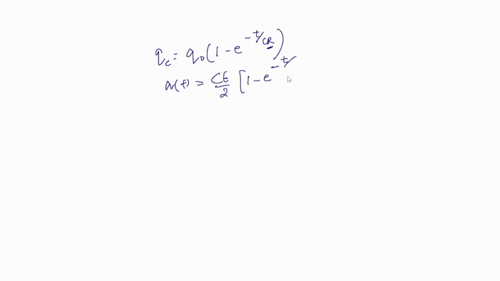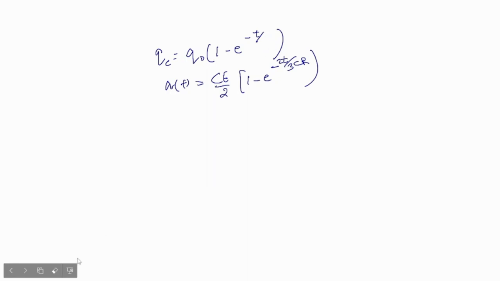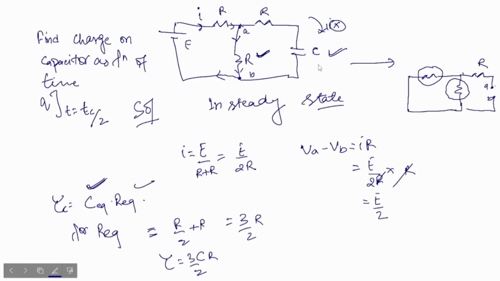Why CE by 2? Because the potential difference across this was E by 2. The maximum charge will be C into E by 2.